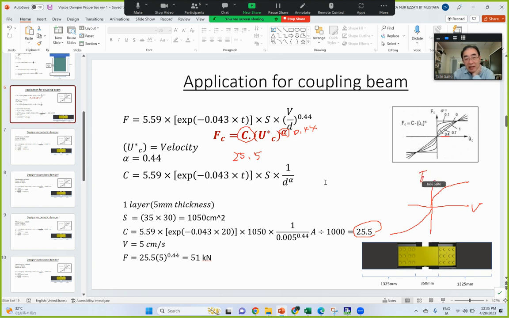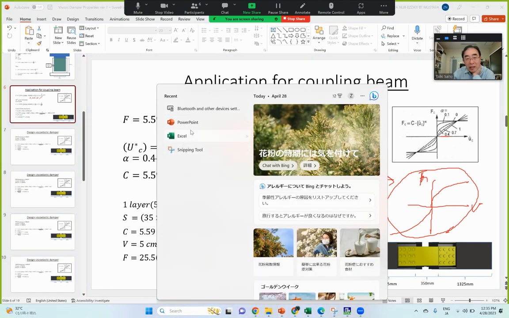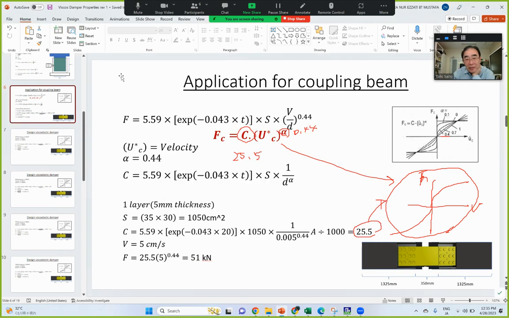Could you draw this curve from this function? Could you draw it in Excel? Yes, sensei.